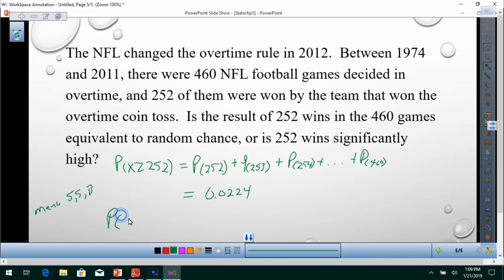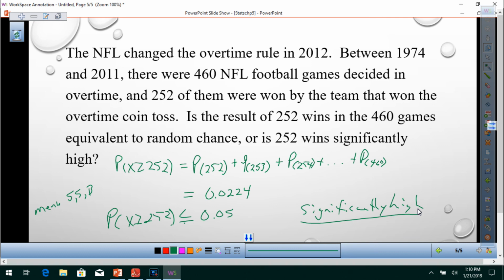If the probability of X greater than or equal to 252 is less than or equal to 0.05, then it is significantly high. All right, and 0.0224 is less than 0.05, so it is significantly high.